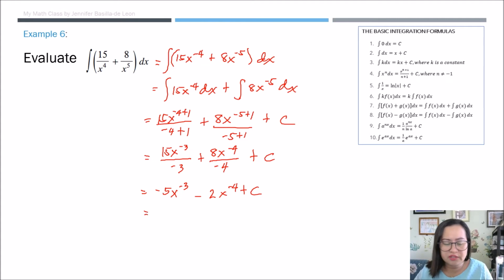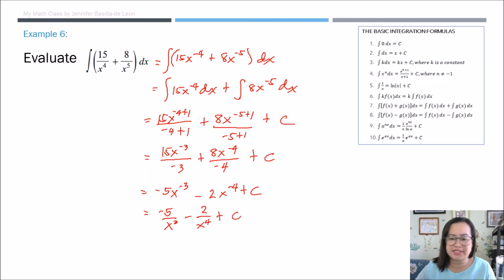Now we're writing the expression so that there will be no negative exponent. We will have negative 5 over x cubed minus 2 over x to the 4th power plus the arbitrary constant c.